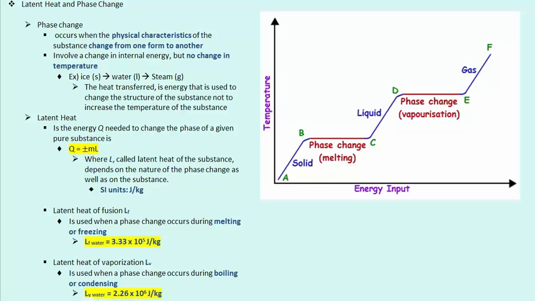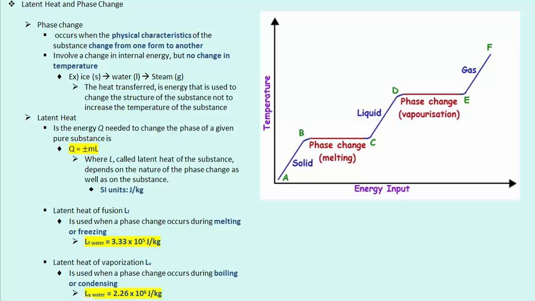When our phase change occurs during boiling or condensing, meaning we're going from a liquid state to a gas state, or a gas state back into its liquid state, the latent heat of vaporization for water is equal to 2.26 times 10 to the sixth joules per kilogram.